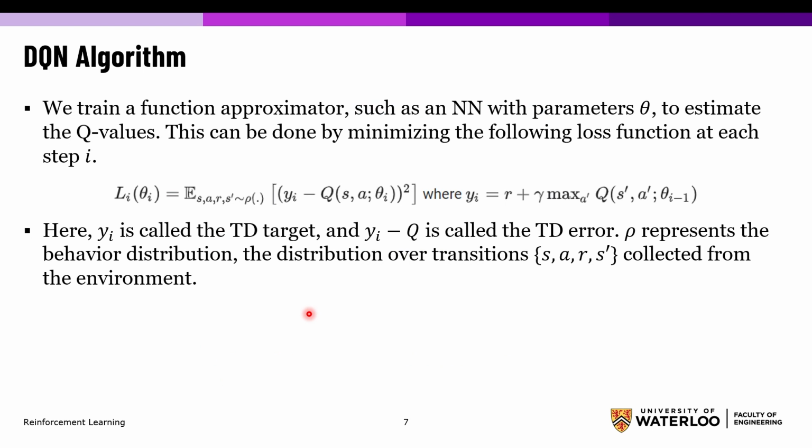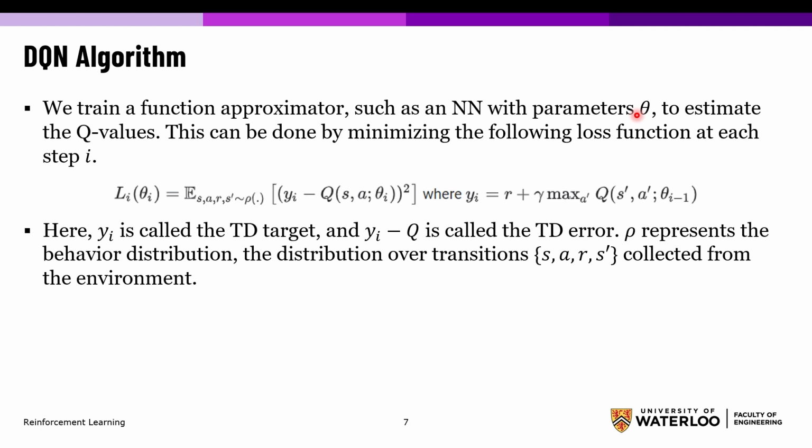For the DQN algorithm, we need to train that neural network, meaning that we need to minimize a loss function in order to find the parameters of the neural network, the weights that connect the layers.